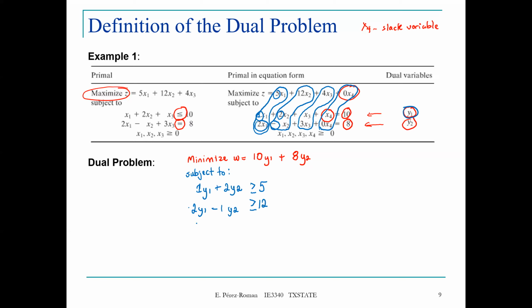And then for x3, we have coefficient 1 and coefficient 3. So we have 1 y1 plus 3 y2 greater or equal to 4. And then we have the last one. We have a 1 here, y1 plus 0 y2 greater or equal to 0.